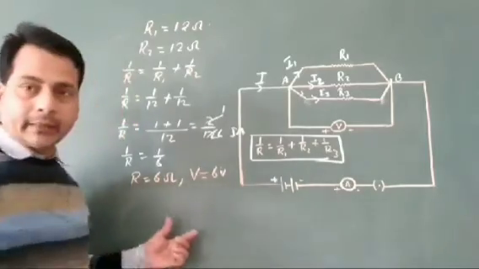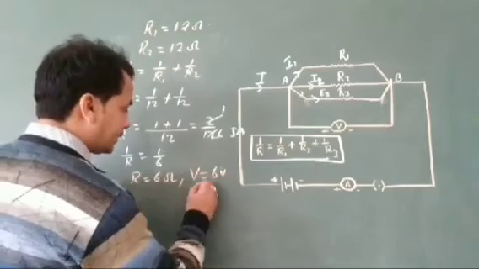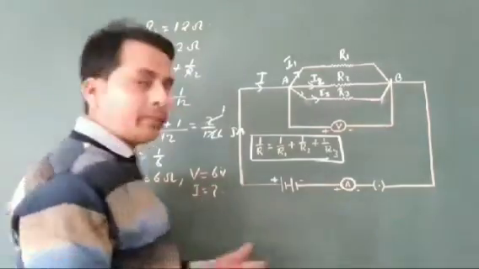And the potential difference here is 6 volt, as given. So what is the electric current here? Apply Ohm's law.